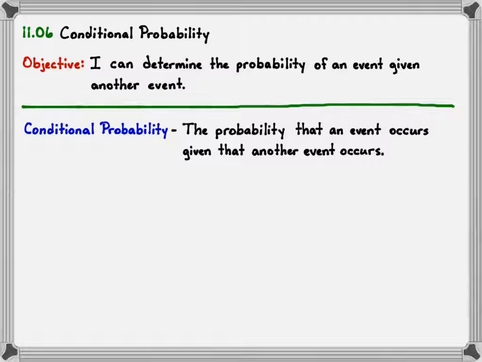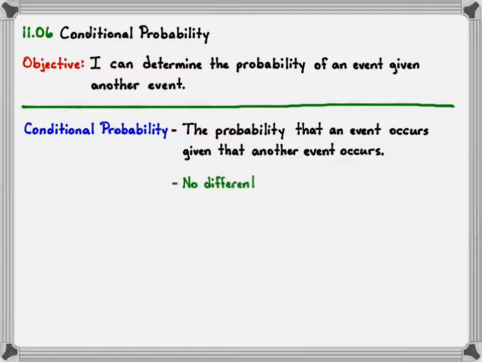But notice we wouldn't say that it would be 3 out of 24 because we were no longer asking the entire class. We were only focusing our attention on one subgroup of people. And so it would be 3 out of however many females there are in the class, not 3 out of the total class population. And so conditional probability narrows our focus down to a smaller subgroup of people or things, okay?